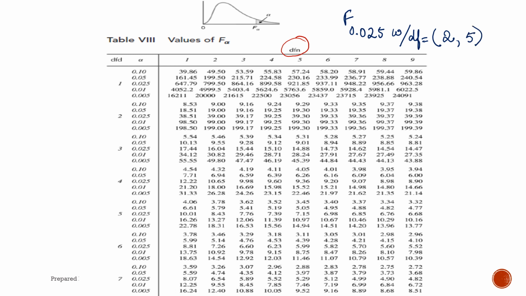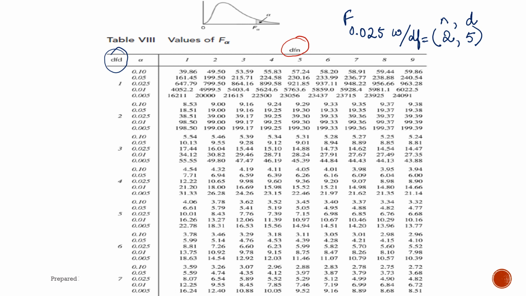Okay, how would we find the F value of 0.025 with DF 2, 5? We first have to go down the DFD column, and the second one is the denominator, all right, and the first one is the numerator, N, D.